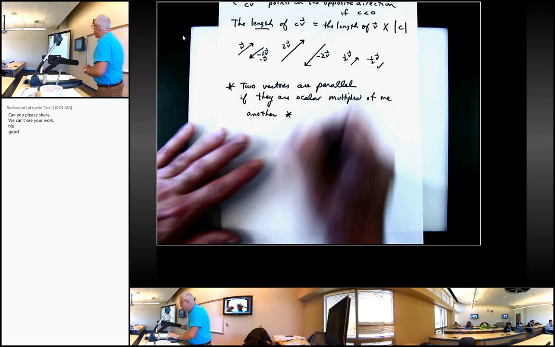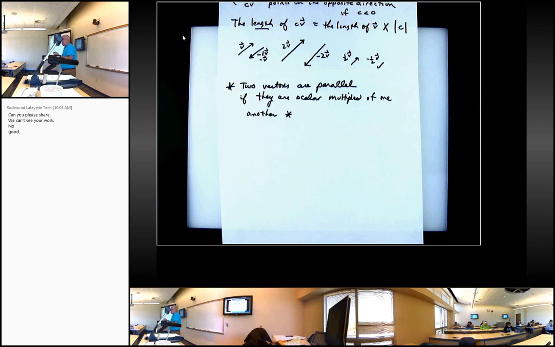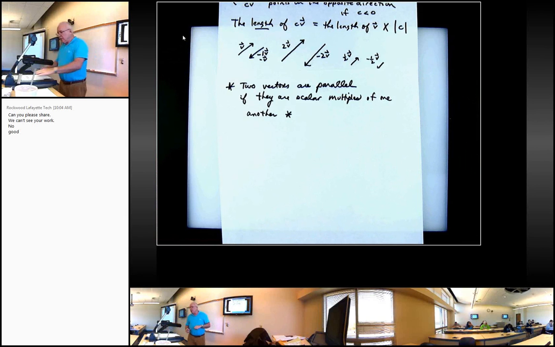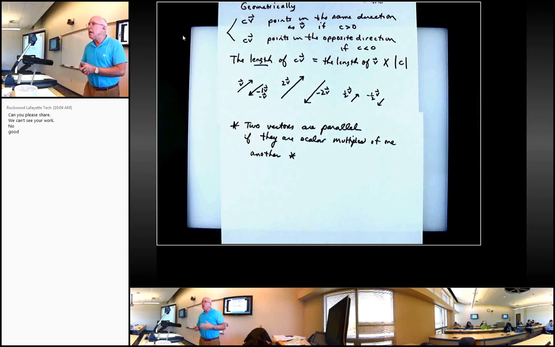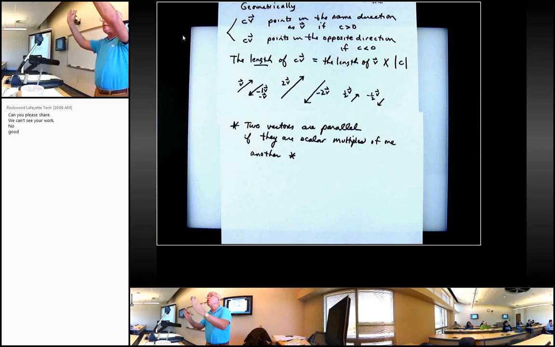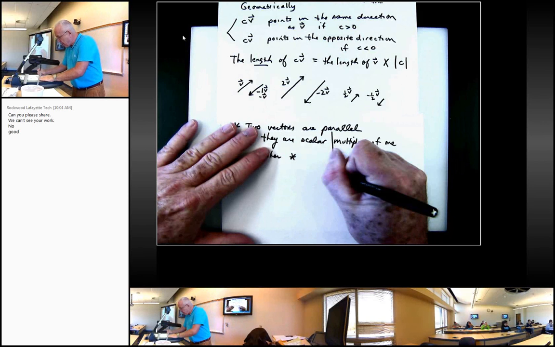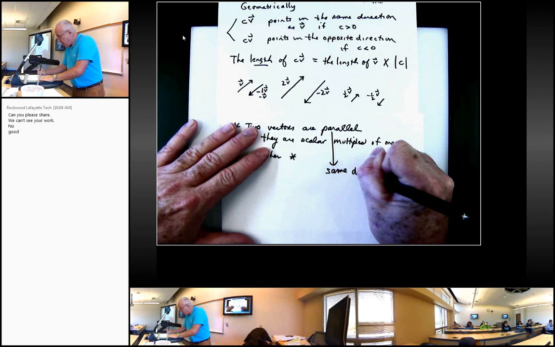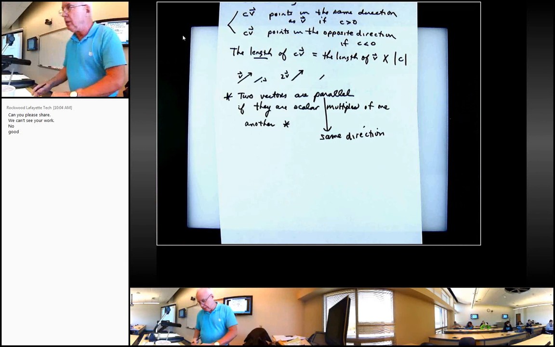So if we just take a vector and multiply it by any kind of number other than 0, all right, 0 just gives a dot, then we're going to have two vectors that are parallel. So basically, all of these vectors up here that I drew are all parallel to each other, which means they're going in the same direction. Just like railroad tracks are parallel, hopefully.